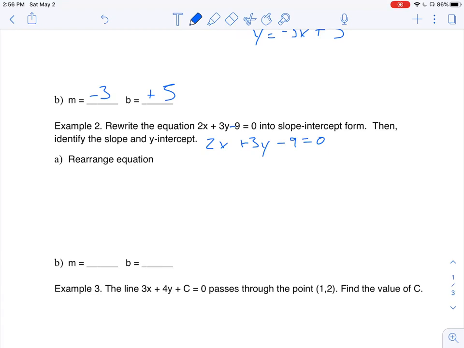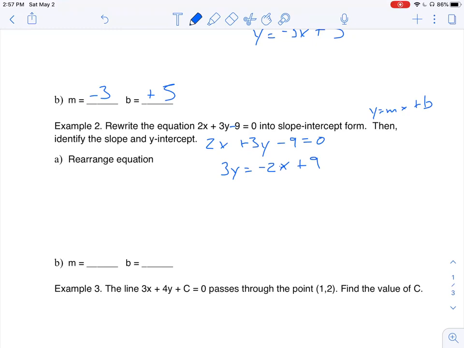Again, I'm looking for y equals mx plus b. So I'm going to leave my y isolated. So I'm going to have 3y equals shifting that 2x over and the negative 9. Negative 2x, and then that minus 9 becomes positive 9.